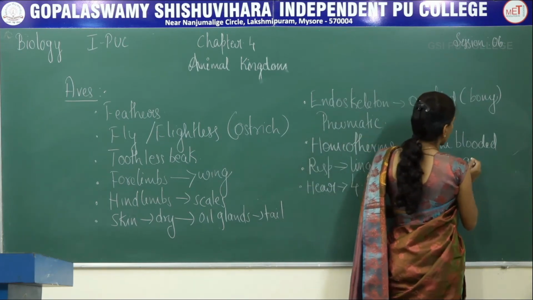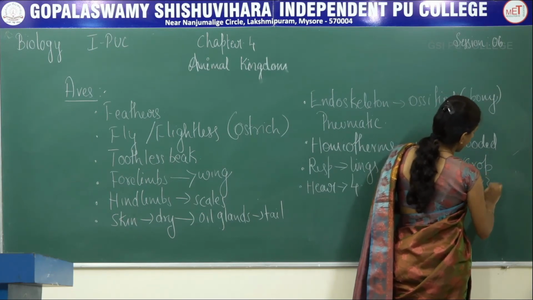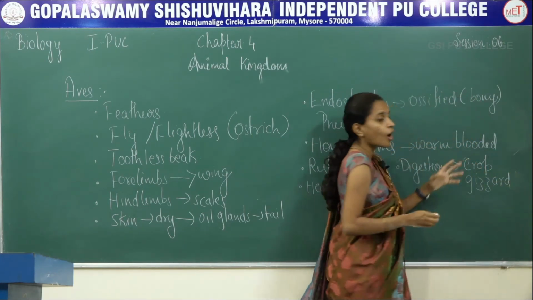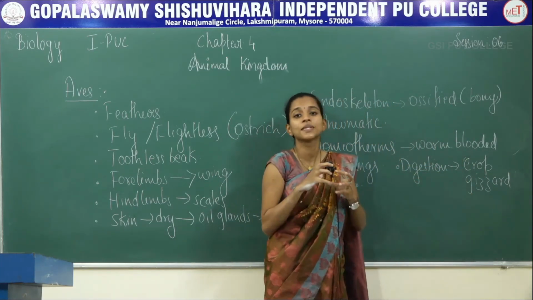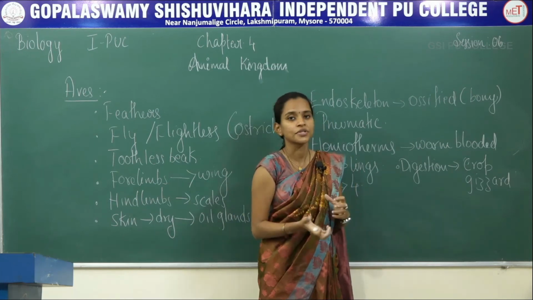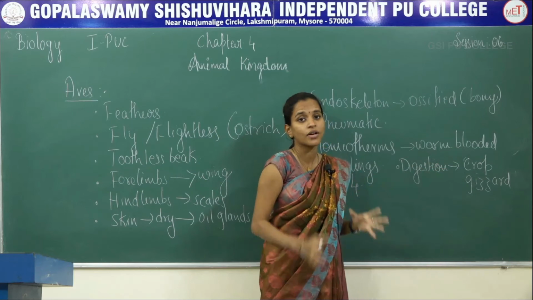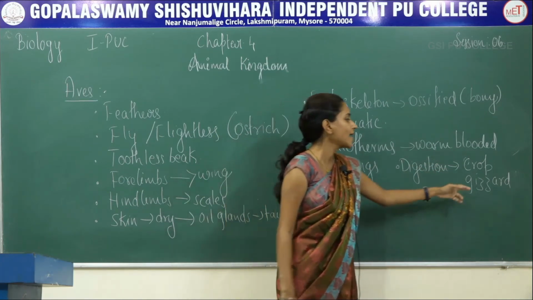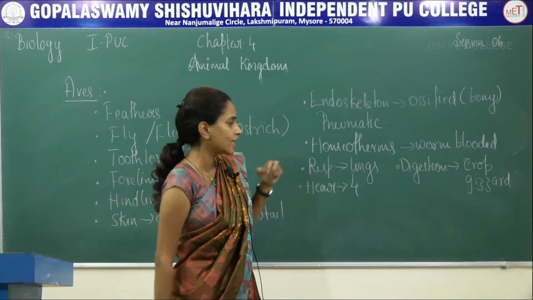One is crop, another is gizzard. Crop helps in storing the food, whereas gizzard helps in crushing the grains or hard substances they consume. So that is the digestion process. They have a crop for storing of food and gizzard which helps in crushing hard substances they consume.